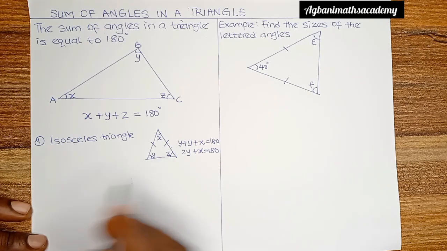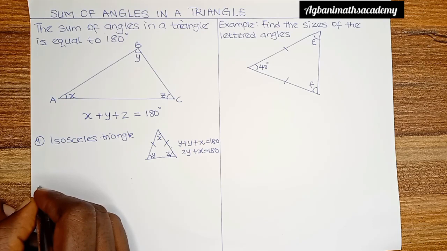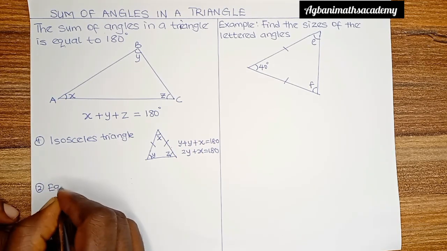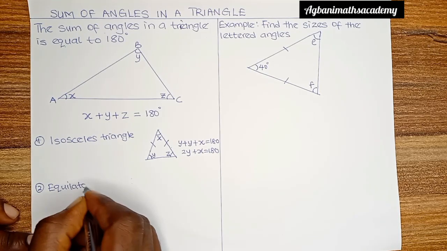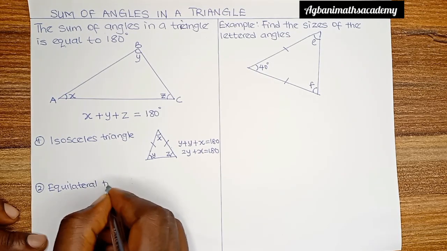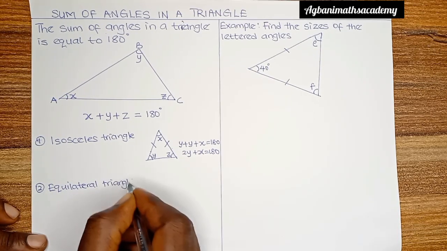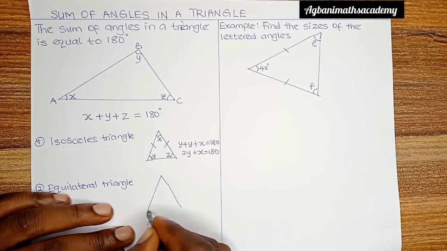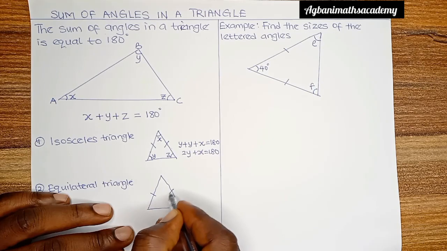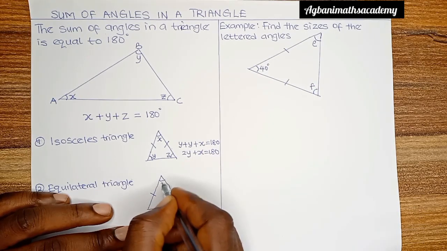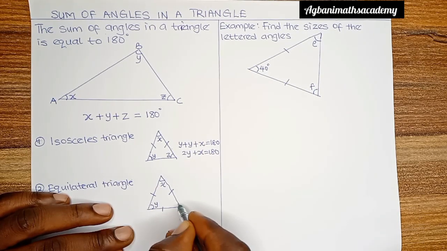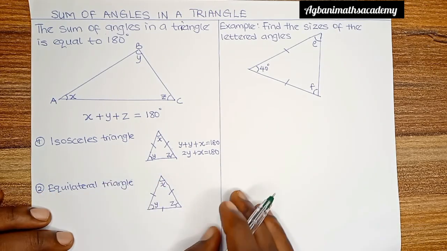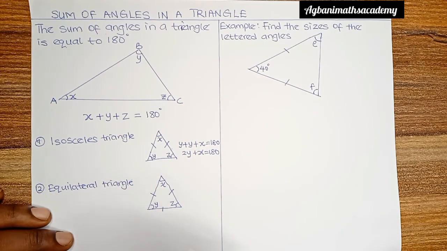Hope that is clear. But also we have a situation where we have an equilateral triangle. In this situation, all three sides are equal. So even if we have x, y, z, and you are not given any of the three angles, you can still find the value of the angles.